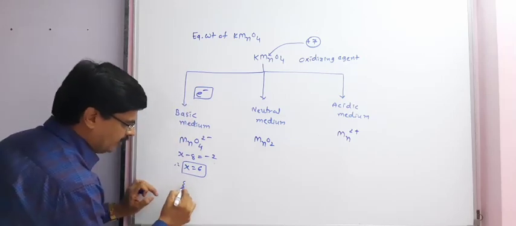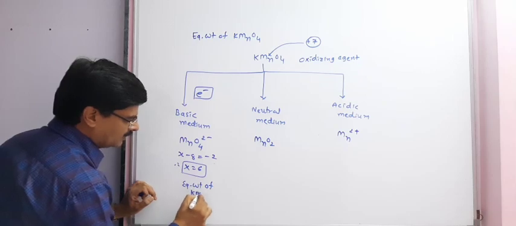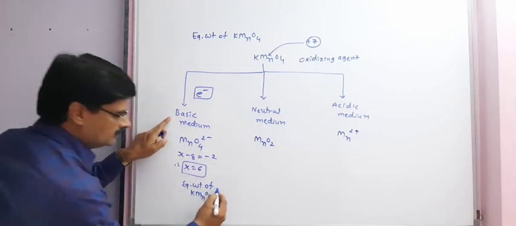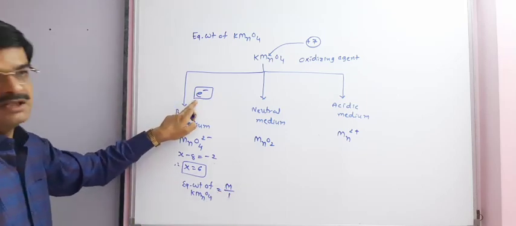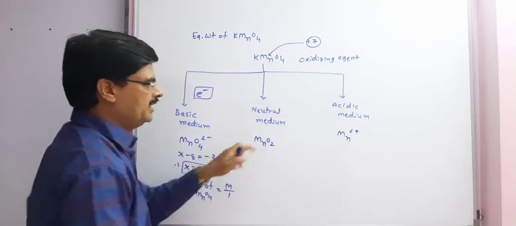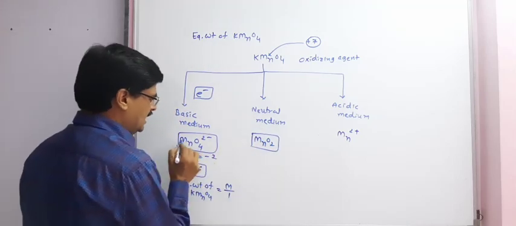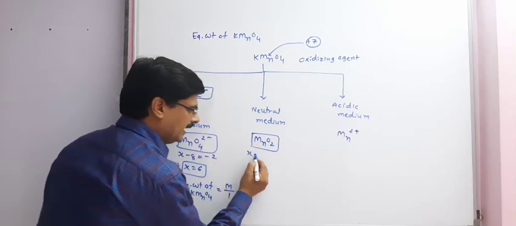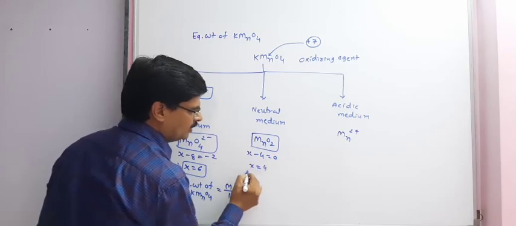Therefore, equivalent weight of KMnO4 in basic medium is molecular weight divided by simple 1. Now in neutral medium, as it converts to MnO2, find out the oxidation state of Mn in MnO2. x minus 4 is equal to 0. So x is equal to 4.